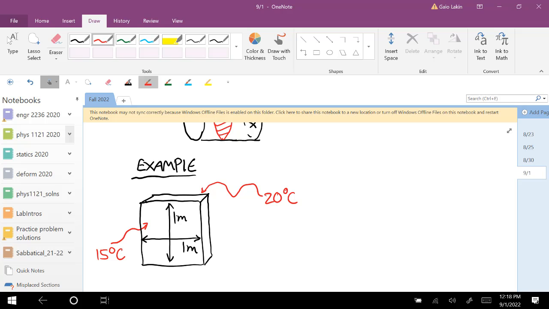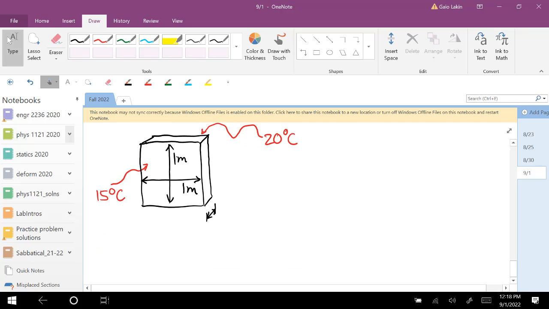The window thickness is 2 centimeters, 0.02 meters. And for this glass, let's say the coefficient of thermal conductivity is 1.05. The units are watts per meter times Kelvin.